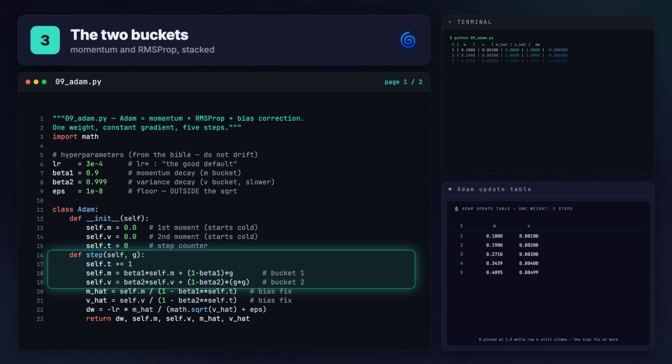The step function, line by line. Increment T, update M with the beta 1 mix. Update V with the beta 2 mix on G squared. So far this is just momentum and RMSProp stacked, no correction yet. This is the naive Adam a lot of people stop at.